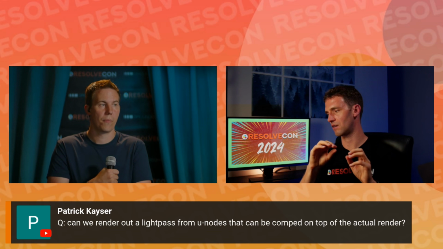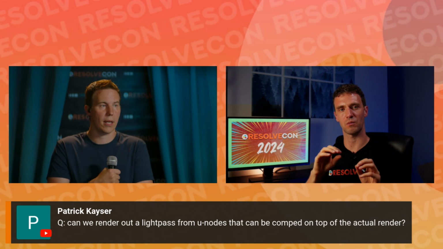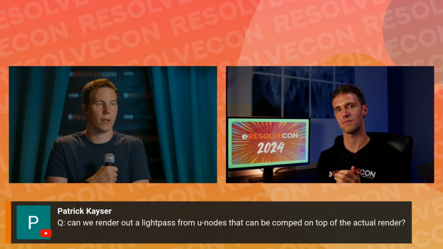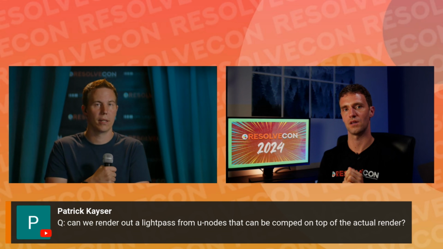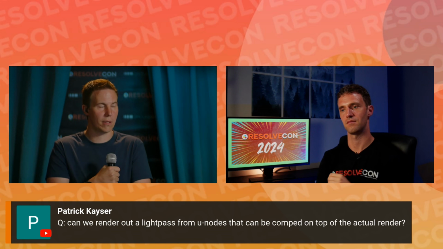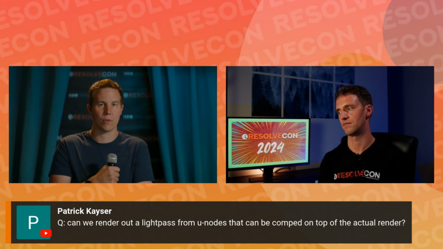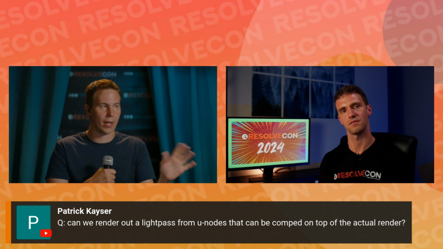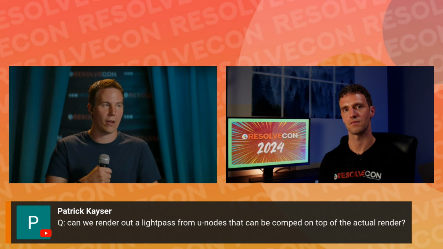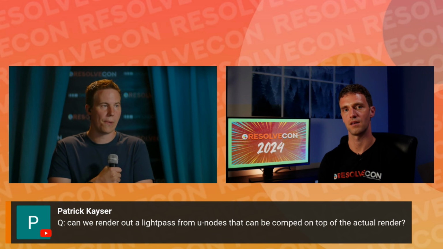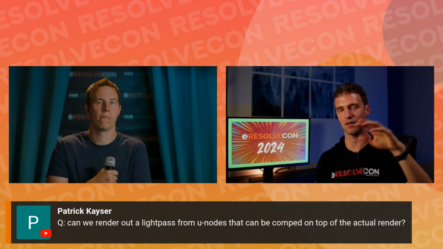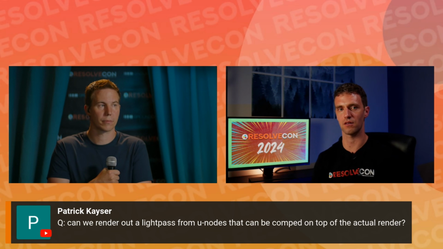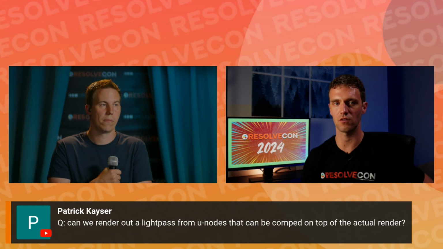I don't know if that's what he means by light pass, but that would make sense to me. They don't really have a render pass that you can select for lighting, but you could do some tricky things like what you would normally do in a 3D software that doesn't have support for that: retexture everything black or gray and then put lights on it and render that out. You could totally do something like that with USD. With Storm, you don't get the option to render out a beauty pass and an emissive pass, that kind of separation that 3D software typically does. I don't think Storm is built for that.